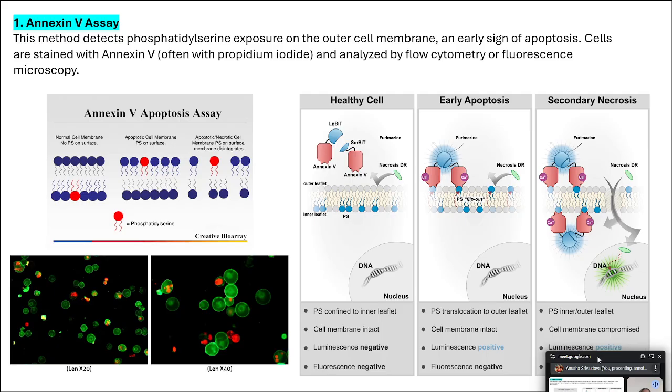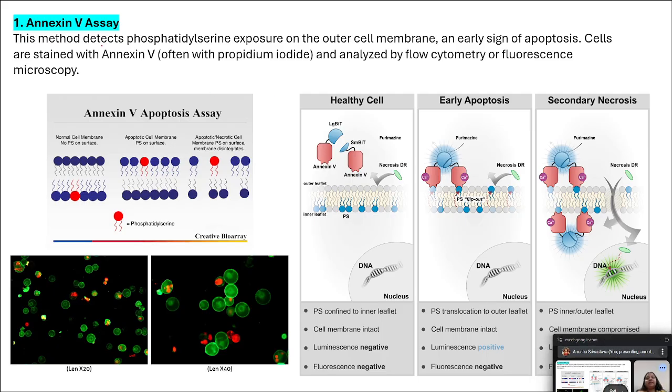What happens in the annexin V assay is this method detects phosphatidylserine exposure on the outer cell membrane, an early sign of apoptosis. Suppose this is a normal cell membrane and there is no phosphatidylserine moiety on the surface.